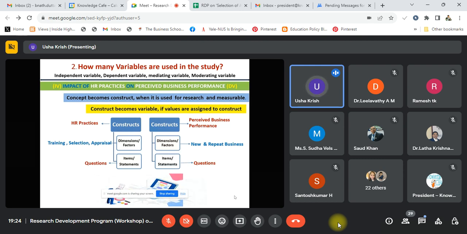These questions will be called as items or statements. This is the meaning of concept, construct, variable, dimension, and items. Okay. So when we read the article, sometimes the authors may use them interchangeably. To avoid that, I shared the meaning of these words. Okay, let us move to the next one.